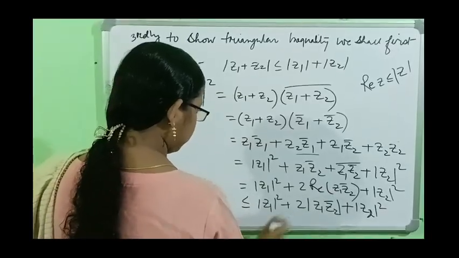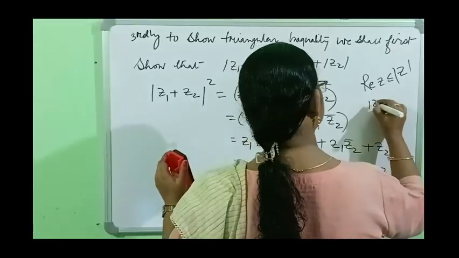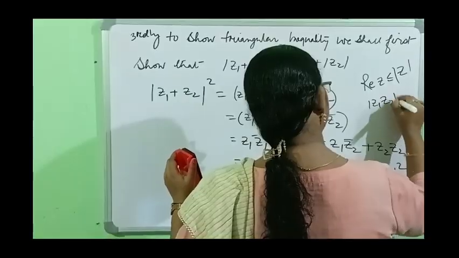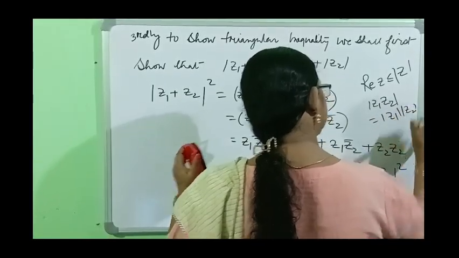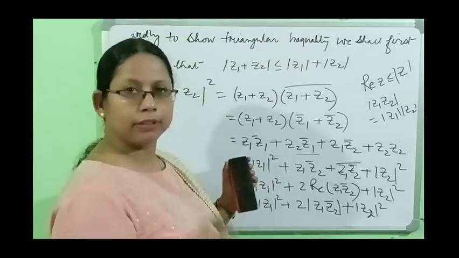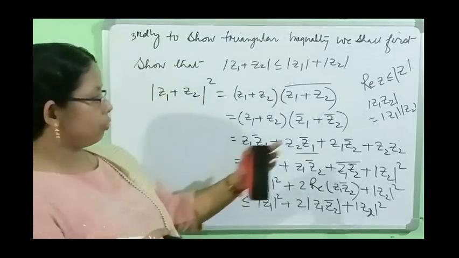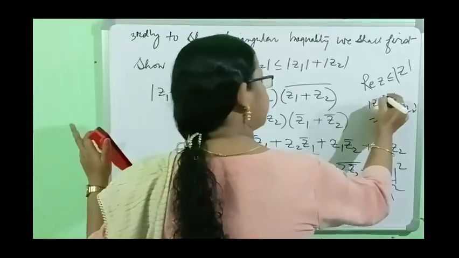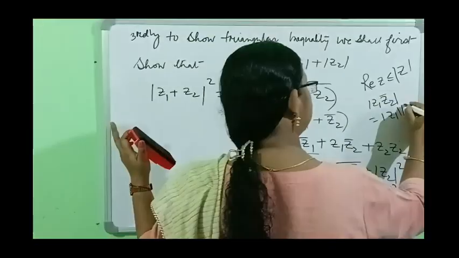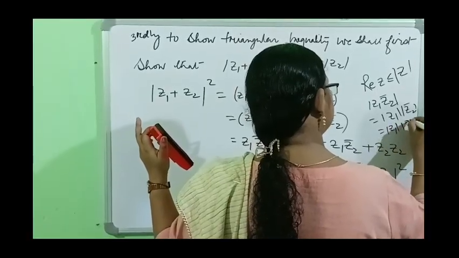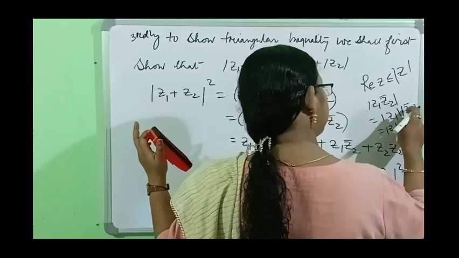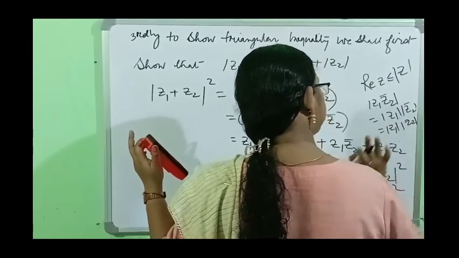Now again, use the property of modulus of z1 z2. All these properties you have studied in your first year, so I'm not going into the detail of these properties. So in place of z1 z2 conjugate, I will get modulus of z1 and modulus of z2 conjugate, and modulus of z2 conjugate and modulus of z2 are the same.